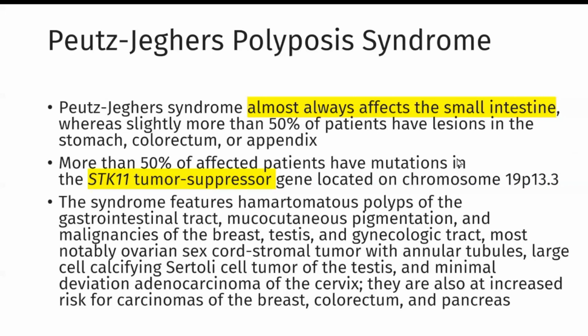Then we have the next entity, Peutz-Jeghers polyposis syndrome. This syndrome always affects the small intestine, but more than 50% of patients also have lesions in the stomach, colorectum, or even the appendix. The mutation related to this syndrome is STK11, a tumor suppressor located on chromosome 19p.